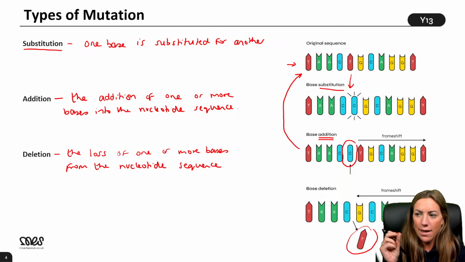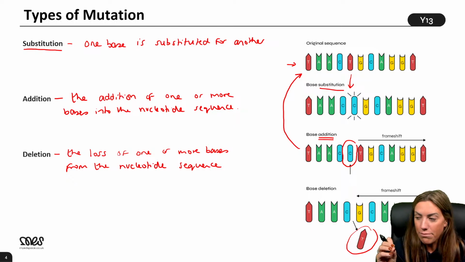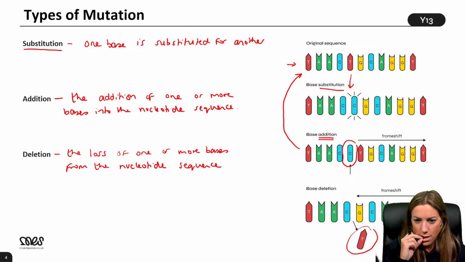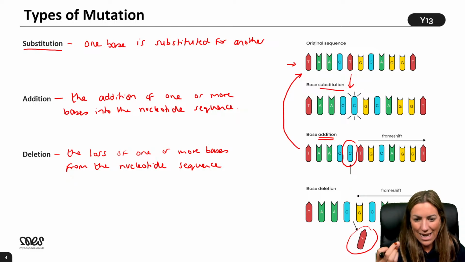I'm going to ask you a question that's not on here, but can anyone tell me the name of the enzyme that joins nucleotides together in DNA replication? What is the name of the enzyme that joins nucleotides together in DNA replication? Good, DNA polymerase.